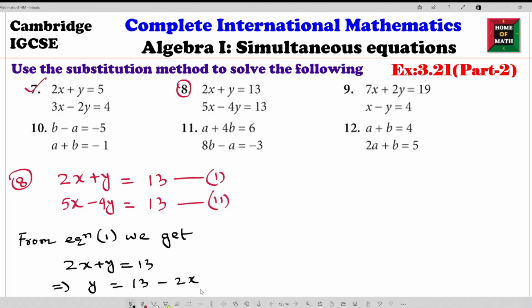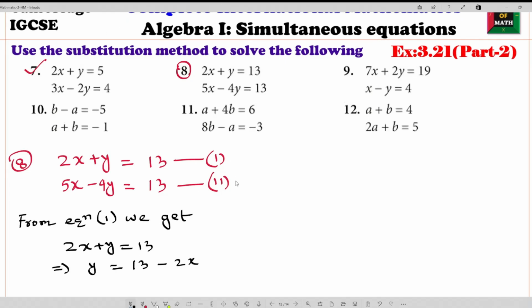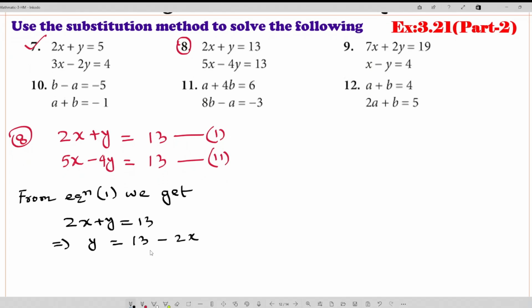Why do we find y? Because this y, which is 13 minus 2x, we will put in equation 2, because the question mentions to use the substitution method to solve the following equations.